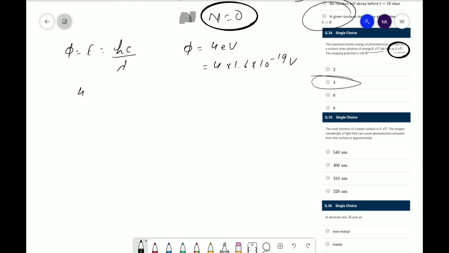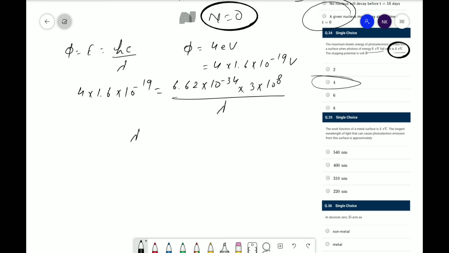Hence 4 into 1.6 into 10 to the power minus 19 will be equal to the value of h, 6.62 into 10 to the power minus 34, and the value of c is 3 into 10 to the power 8 meter per second, divided by lambda. Hence lambda will be equal to 6.62 into 3 into 10 to the power minus 34 plus 8 divided by 4 into 1.6 into 10 to the power minus 19.